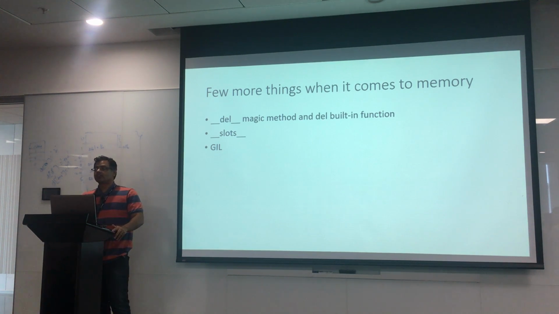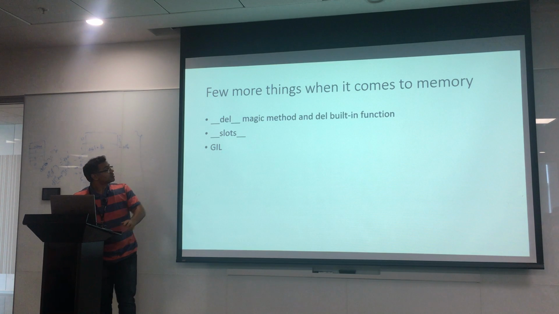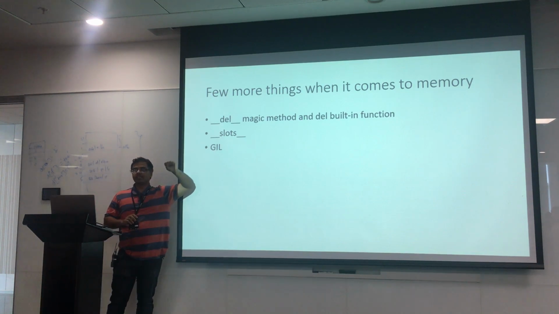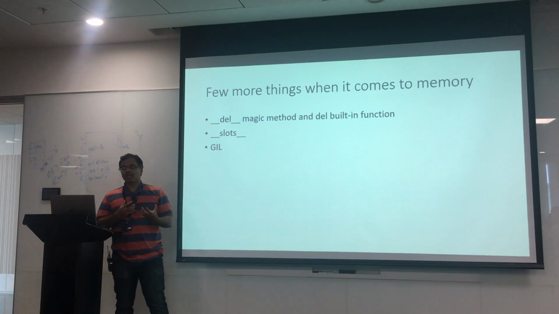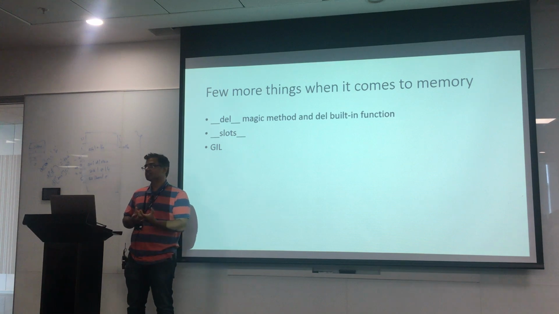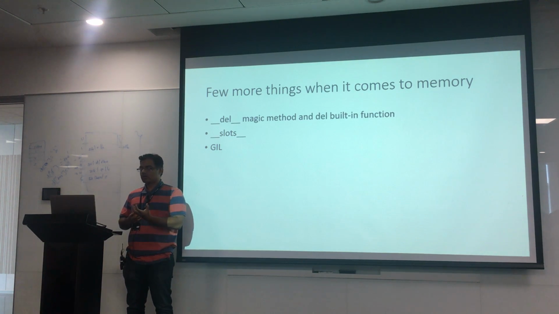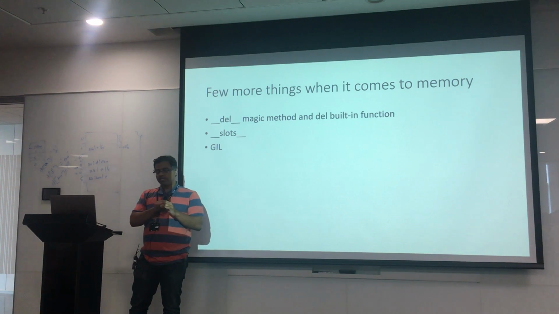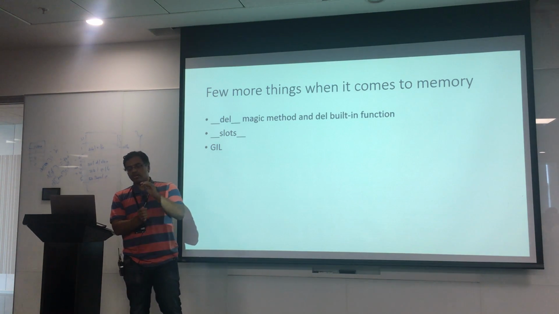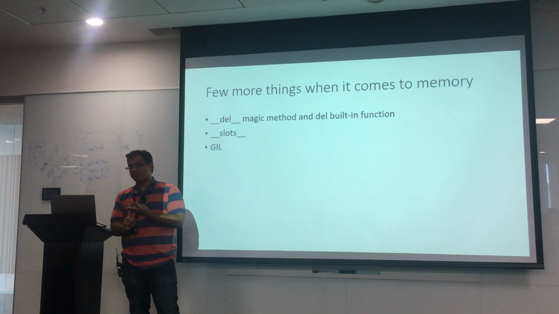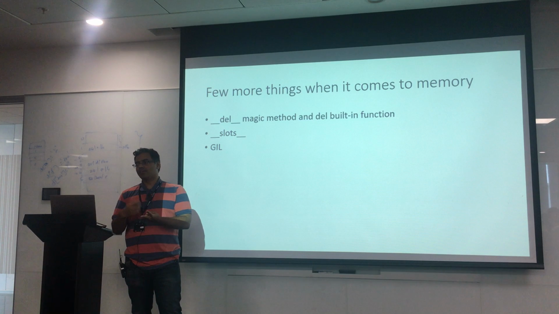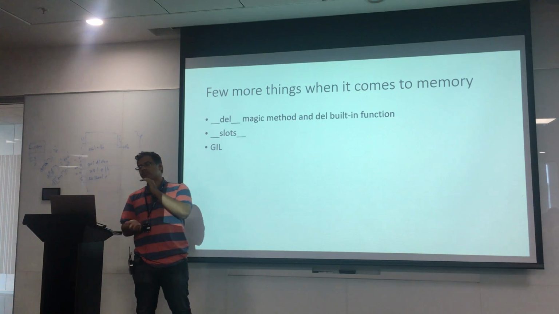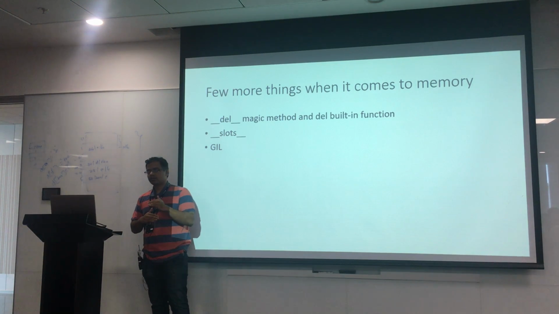Descriptors? No, slots is basically a way by which you can prevent a class from having many variables. Let's say you can define slots so that a class can have only A and B, right? If you want to create another attribute, it will give you an error. So slots is basically used for memory management, right?